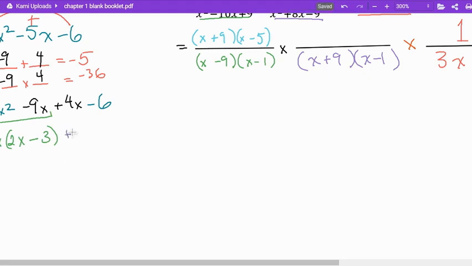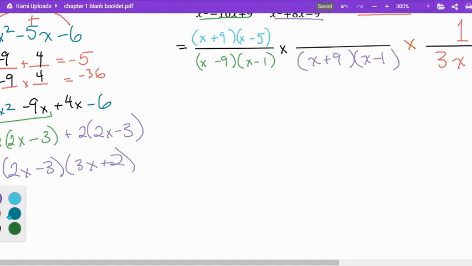And it feels about right. 2x minus 3 and 3x plus 2. All that work for one trinomial. 2x minus 3, 3x plus 2.